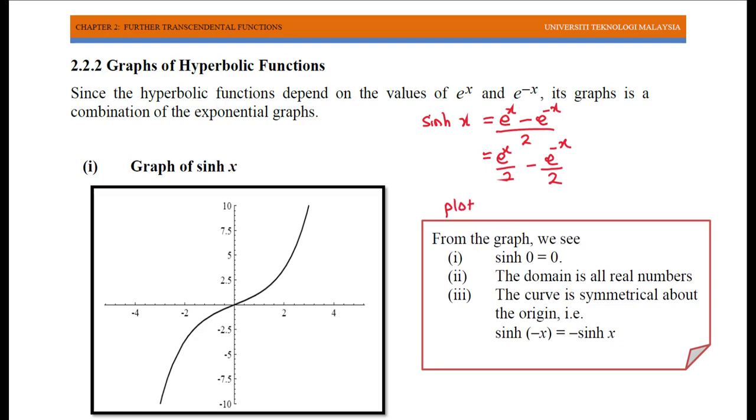So you plot these two exponential functions, because we want to look at how the graph of sinh x becomes like this. For your information, in this syllabus, you have to remember how to plot this graph. In this video, I show you how the graph of sinh x comes about, but in your case, you can directly sketch this graph.